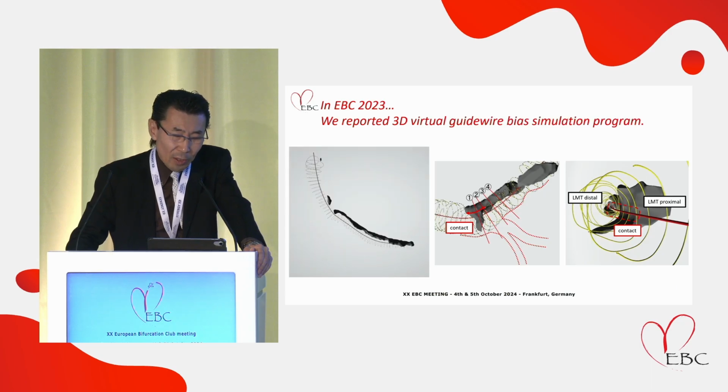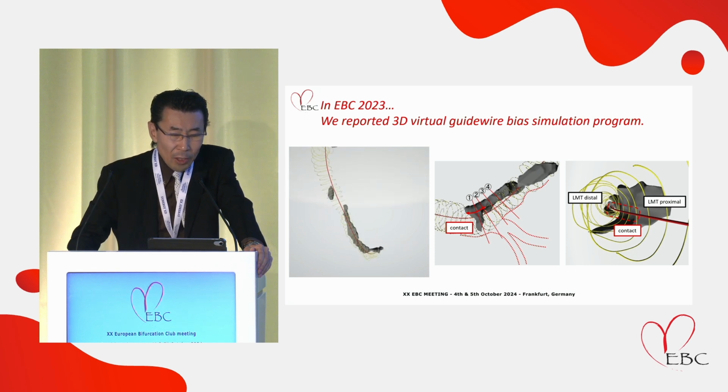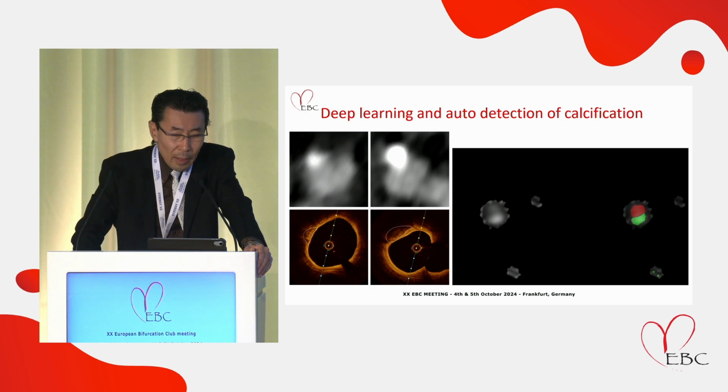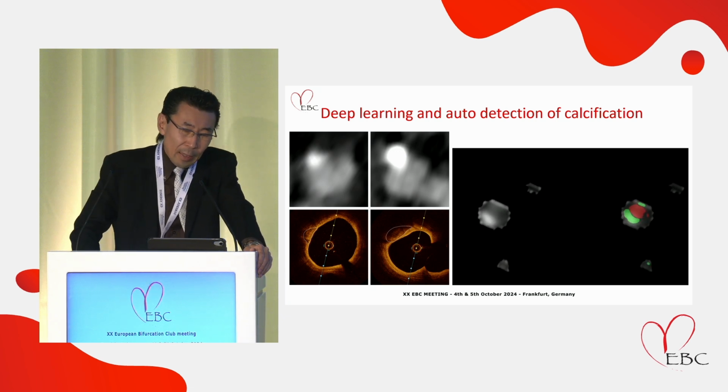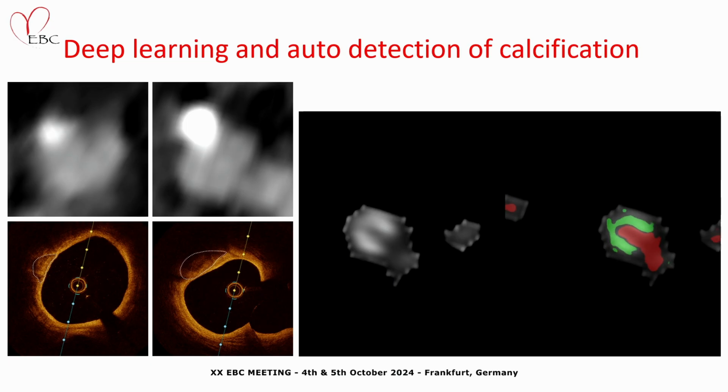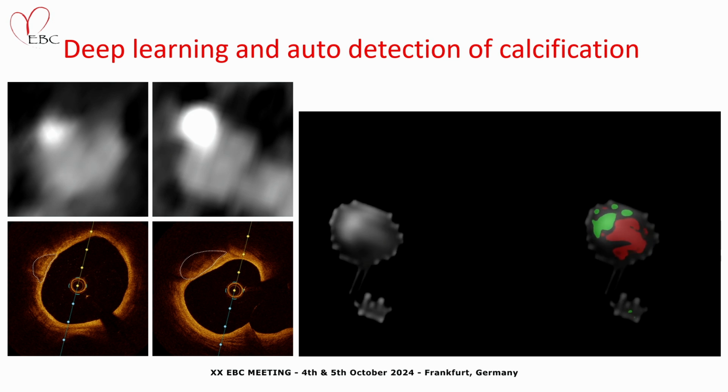It's not so easy to make this image. So I changed my mind this year. I tried to make a 3D calcification image by using a deep learning system and auto detection of the calcification.